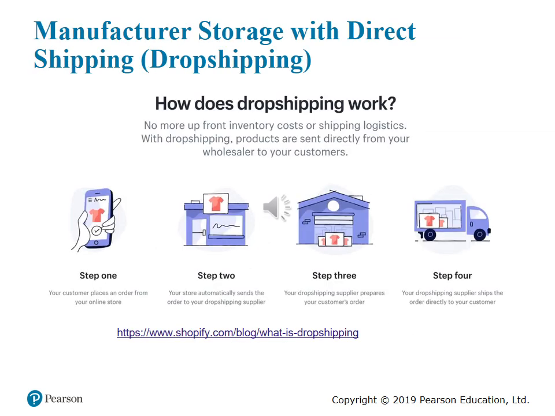Okay, sometimes we call the manufacturer storage with direct shipping drop shipping. So it's a synonym for the same distribution network option. Products are sent directly from the wholesaler or the manufacturer to the customer.